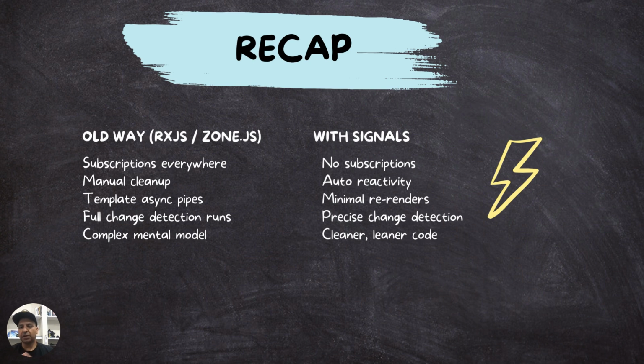If you've ever debugged performance issues tied to zone triggered re-renders or async emissions, you will appreciate the precision that signals offer. So what is the big takeaway here? It is signals are simpler to write, easier to understand, and much, much faster, especially for UI bound state.